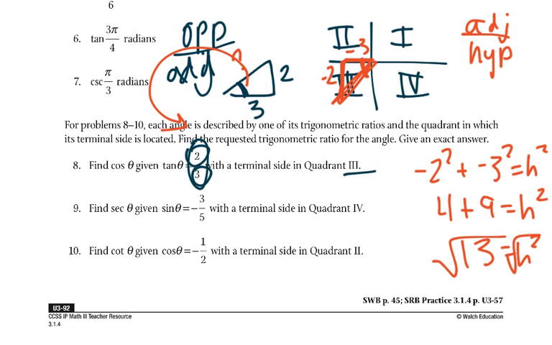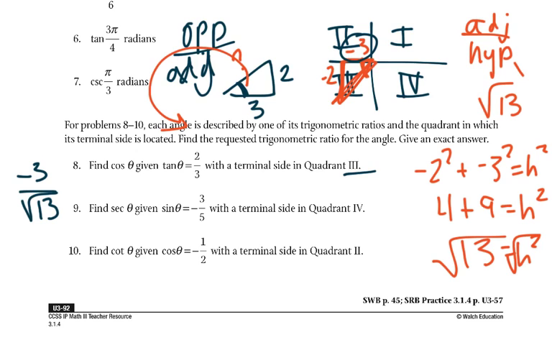So the hypotenuse is the square root of 13. Okay? So the adjacent side would be, according to our angle, negative 3, so it would be negative 3 over the square root of 13. But we can't have the square root of 13, so we times by the square root of 13. So I get negative 3 square roots of 13 over 13. Can't simplify it, so there's our answer.